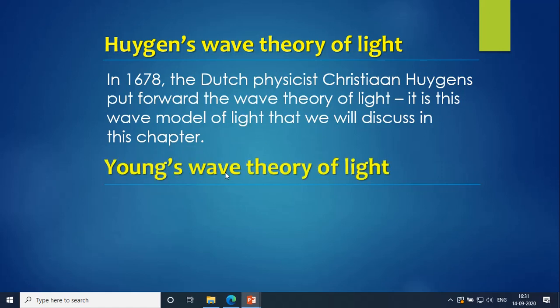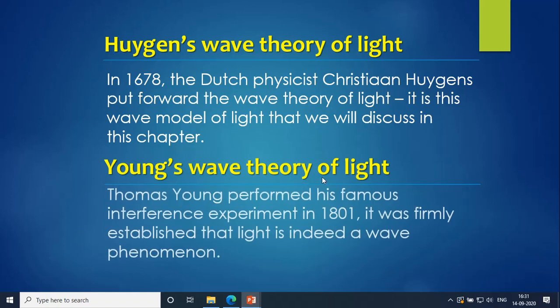Another wave theory is Young's wave theory of light. In Young's wave theory of light, he also made the same prediction that light is traveling in the form of wave, and he also showed the interference phenomena, how interference takes place and how the wave concept can be used to understand the interference phenomena. It developed in the 18th century.